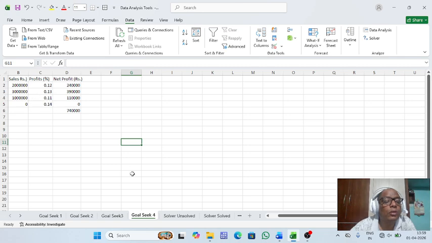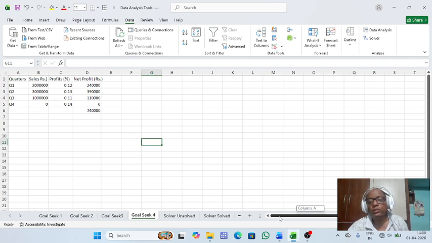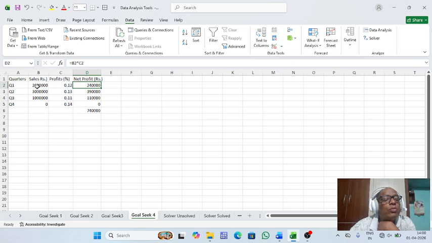Then next one: sales is given, probably the quarterly sales. There are 3 quarters. Sales are given, profit in percentage is given, and net profit is calculated as sales amount into profit percentage.